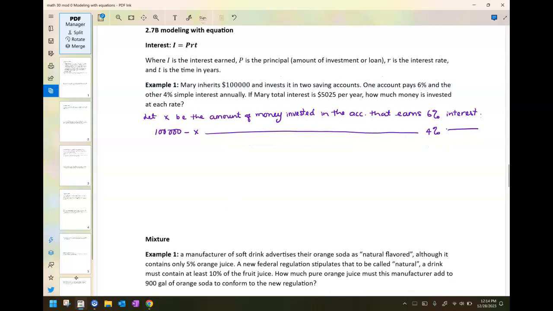Okay. So let's talk about the interest earned in account number 1 after 1 year.